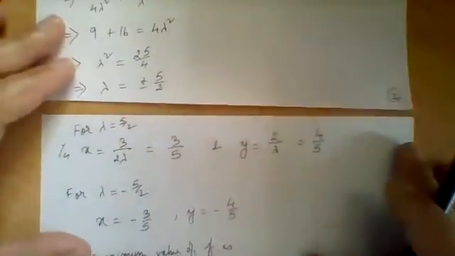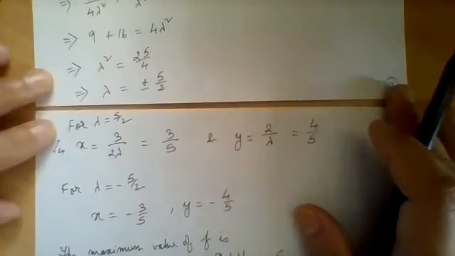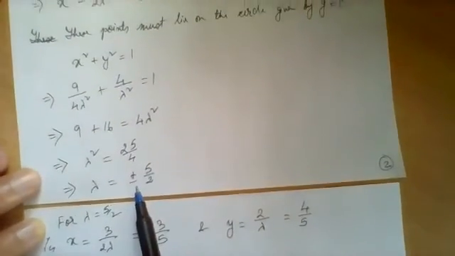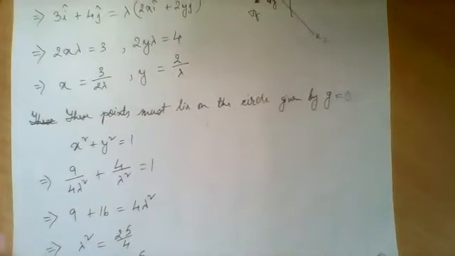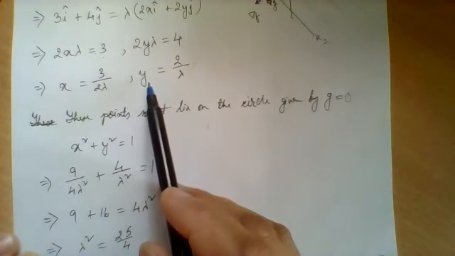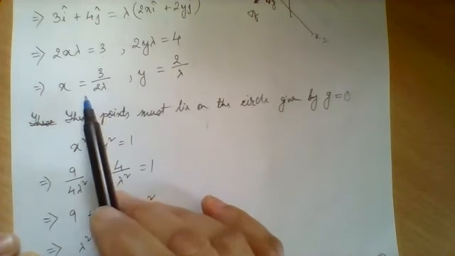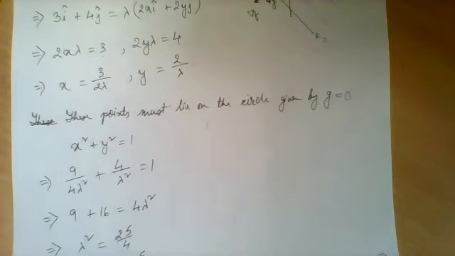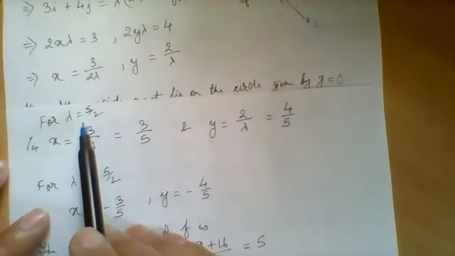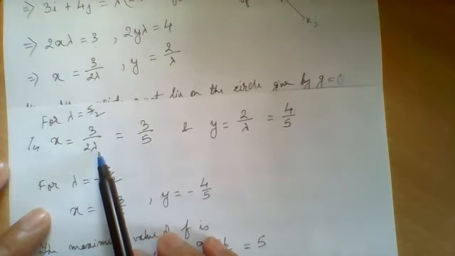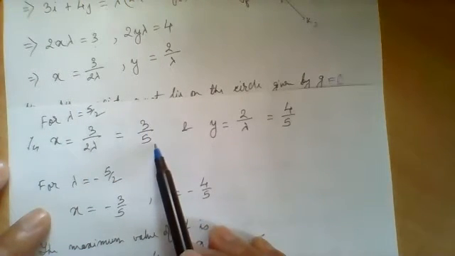Now let us consider the case lambda equal to 5 by 2. When lambda equal to 5 by 2, what will be x? What will be y? Different values of lambda give different values of x and y. So x equal to 3 by 2 lambda; you put lambda equal to 5 by 2, and you get x equal to 3 by 5.